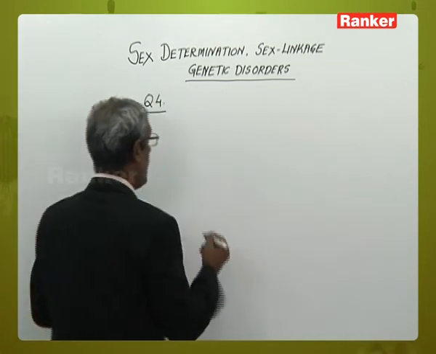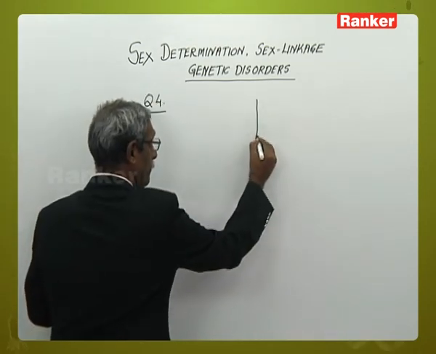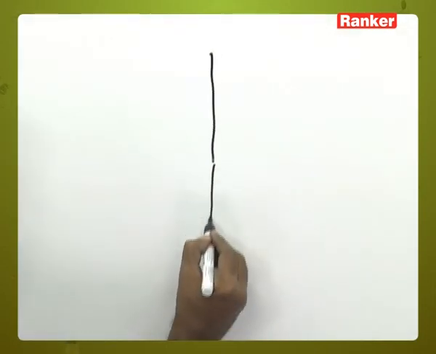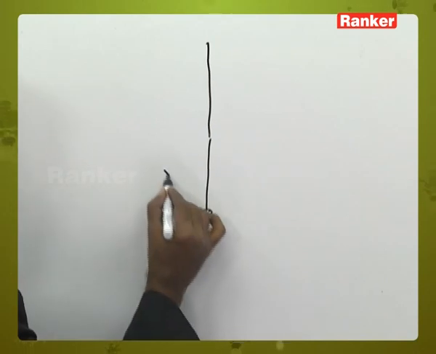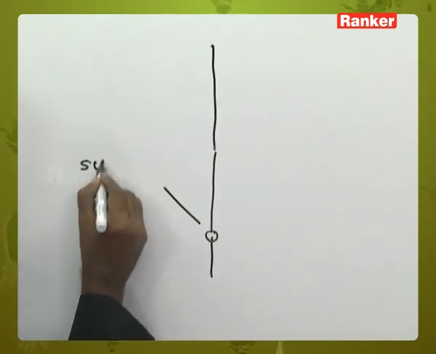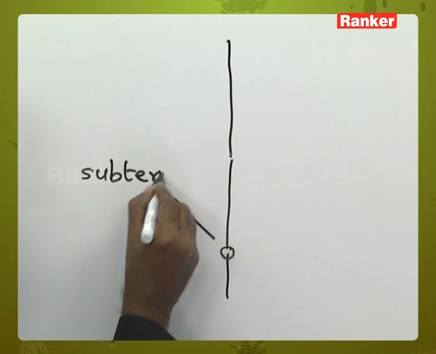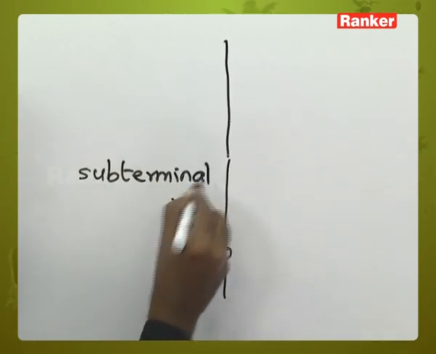So thereby we have a chromosome which is subterminal. So this status is termed as subterminal, just like a submarine.